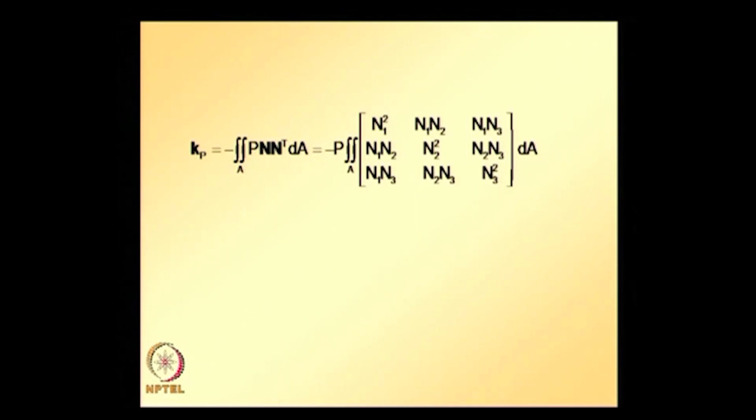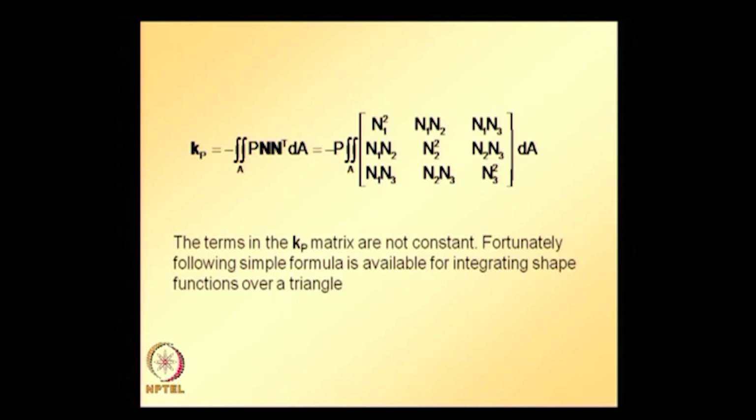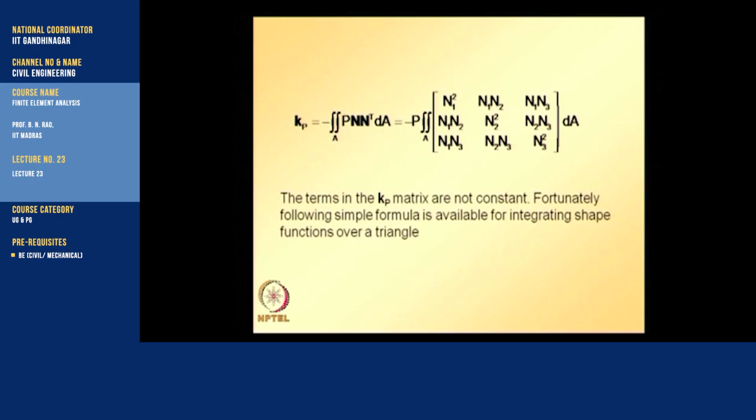Please note that n1 square, n1 n2, n1 n3 and all these quantities are not constant; they are functions of spatial coordinates. So to carry out these integrations, we need to adopt some kind of numerical integration scheme, or fortunately, there is a formula to evaluate this in a closed form. The terms in the Kp matrix are not constant.